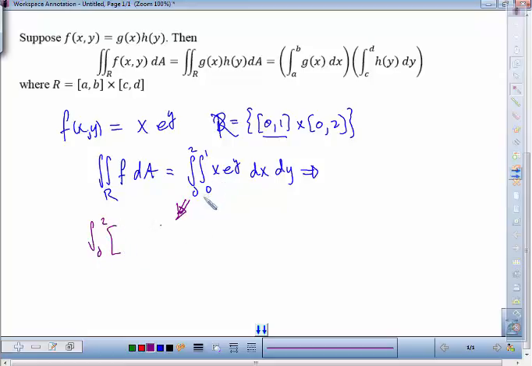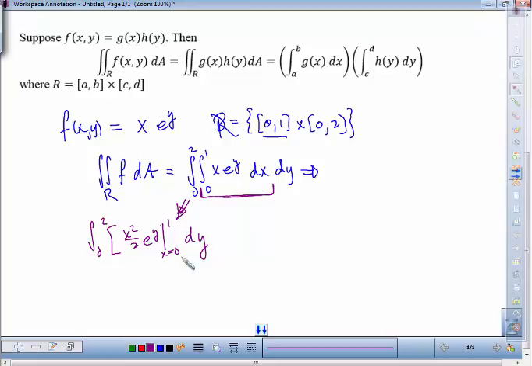So the inside integral is an integral of x e to the y dx. Integrate with respect to x here. e to the y is constant, so it'll be 1/2 x squared e to the y, evaluated where x goes from 0 to 1.